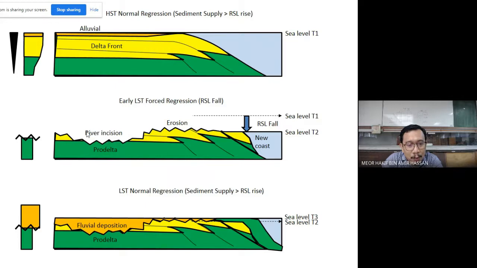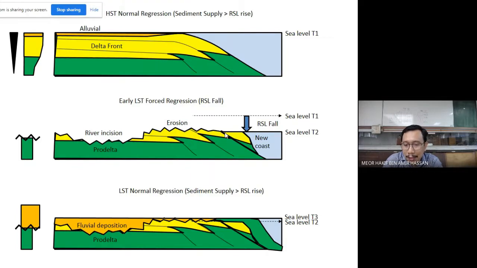Rivers are where water flow is concentrated, so erosion can be much deeper. You get an incised valley. Okay, dapat satu lembah sungai yang amat dalam. That is because of water flowing very fast in your river valleys. Away from your river valleys, you still get erosion, but not that deep. So there's still a subaerial unconformity.